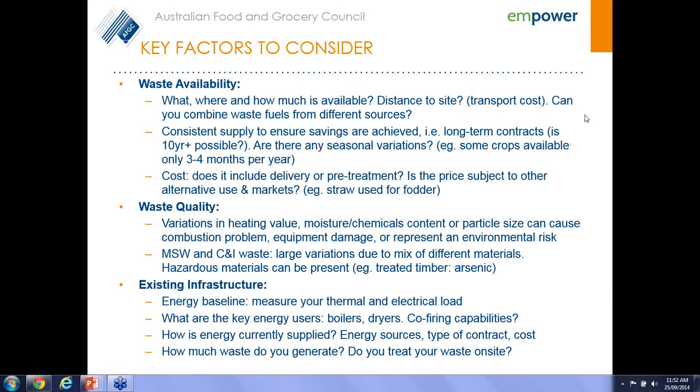Another key factor to consider is what you already have in place in your process, your existing infrastructure, and how the biomass technology or process integrates with your facility.